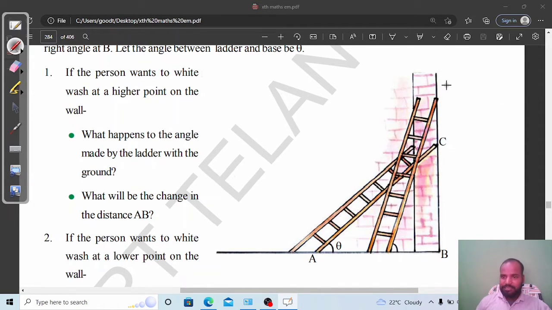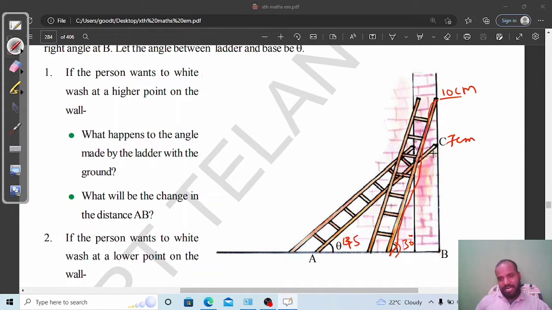Now see here. This is a ladder. Suppose it is making an angle of 30 degrees, so the elevation is 10 centimeters height. If it is making an angle of 45, the height is up to 7 centimeters.